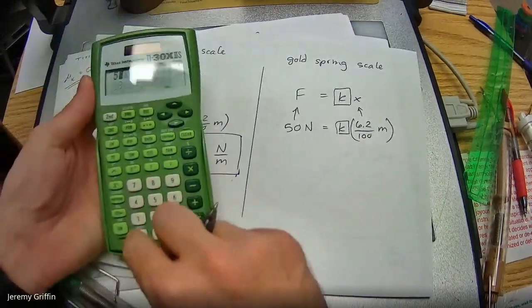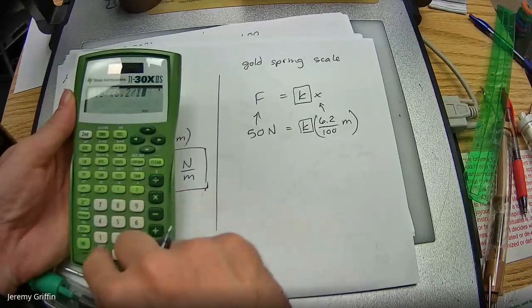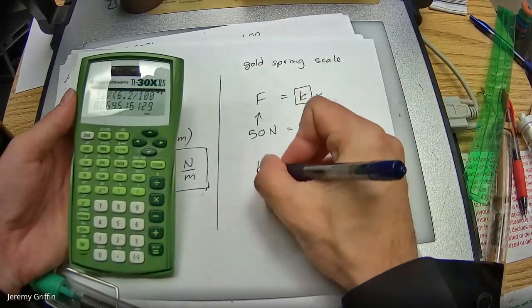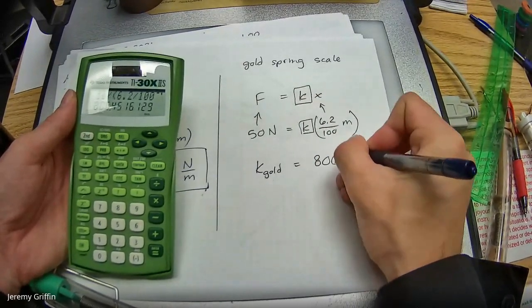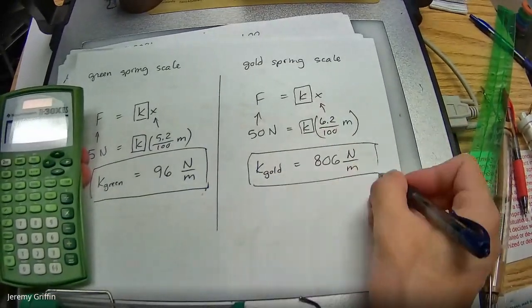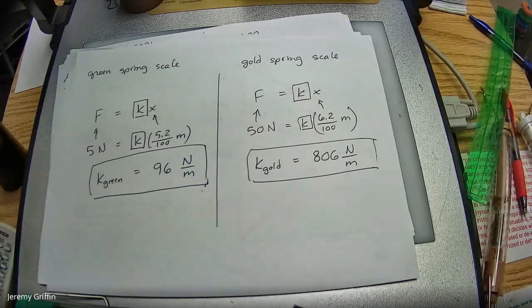So take my 50 newtons of force and divide by 6.2 over 100, that many meters of stretch to get there. Look at that, the gold spring constant is 806 newtons per meter. Wow, that's much different from the green spring scale, but you guys knew that was going to happen anyway. It's like 8 times as stiff.